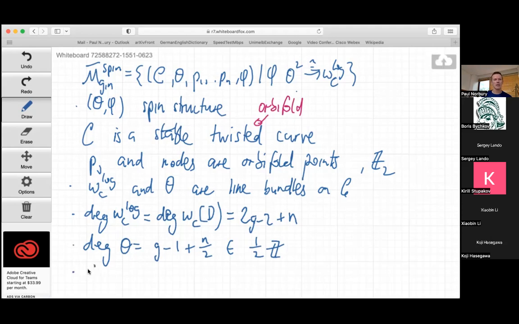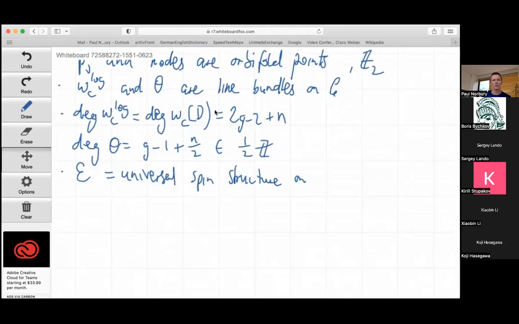And now we'll take curly E to be the universal spin structure on the universal stable twisted curve. So where does the universal curve live?